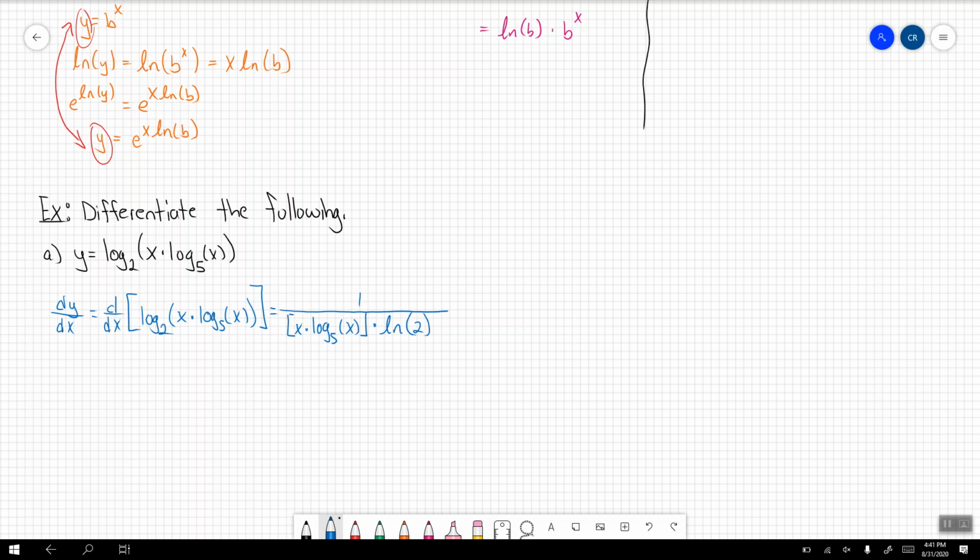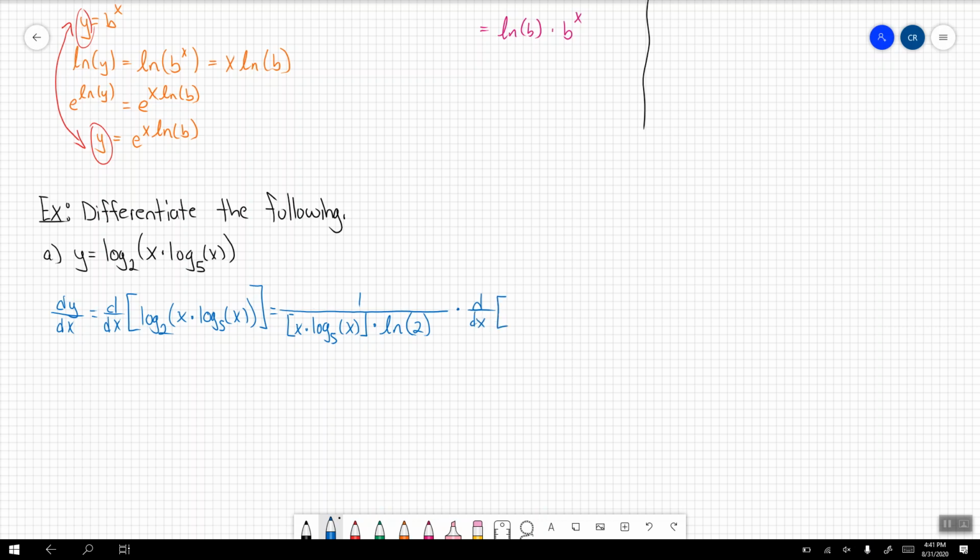Okay, looking pretty good so far. Now I'm going to keep going. So, at this point in time, again, I had 1 over the argument multiplied by natural log of base. Then I still need to take the derivative using the chain rule, derivative of the inside.